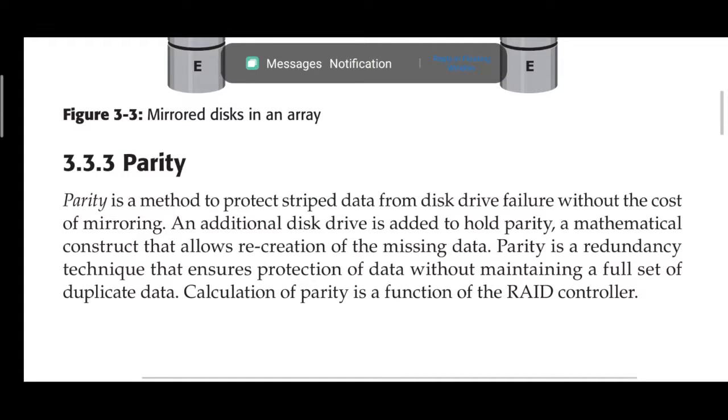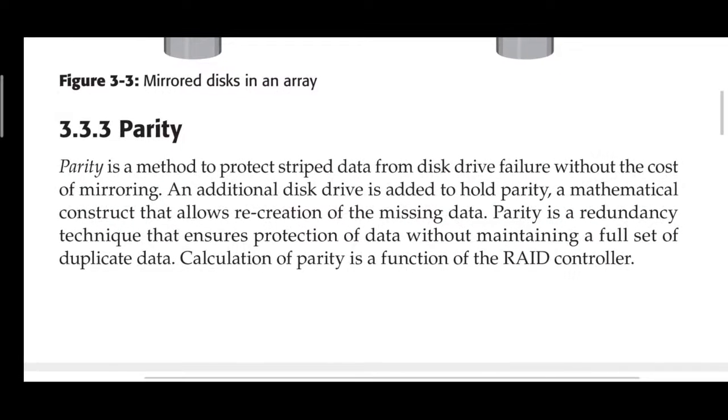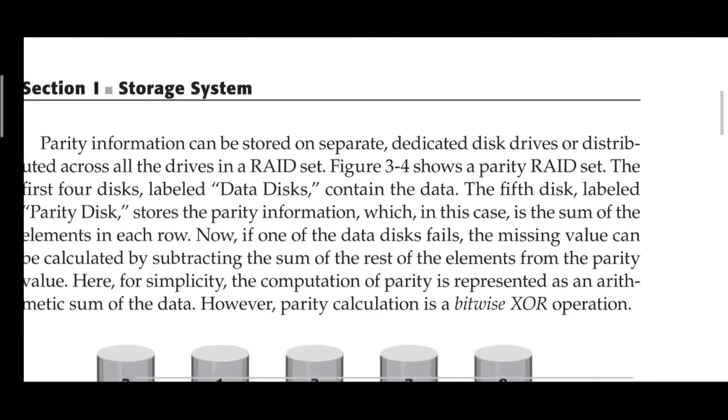This parity is nothing but a mathematical construct that allows recreation of the missing data. Parity is a redundancy technique that ensures protection of the data without maintaining a full set of duplicate data or mirror image. Parity calculation is the function performed by the controller circuit, the RAID controller.